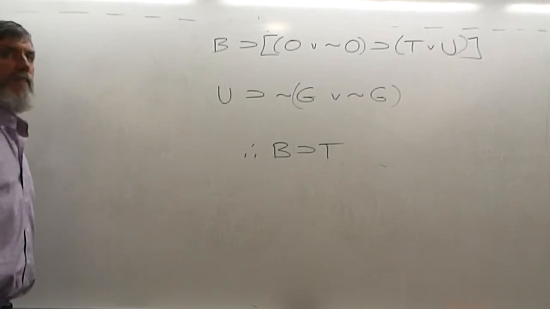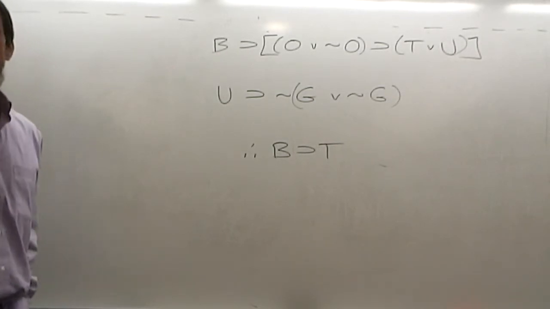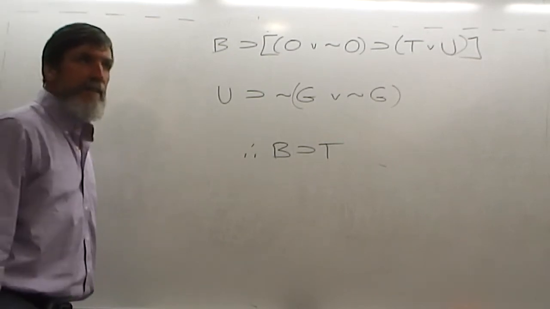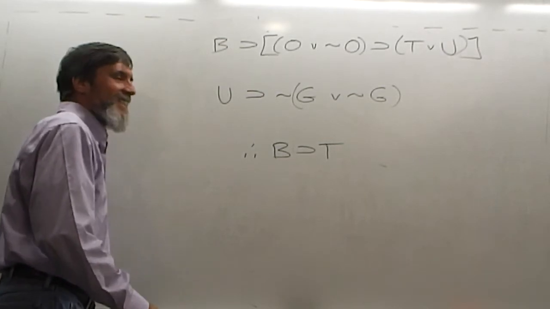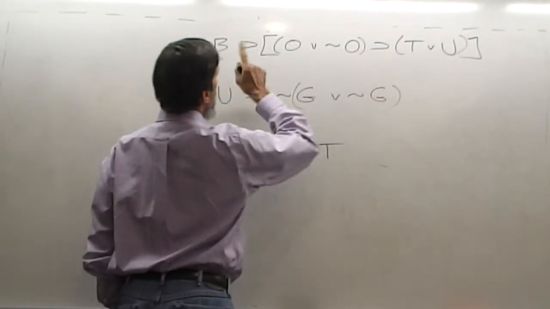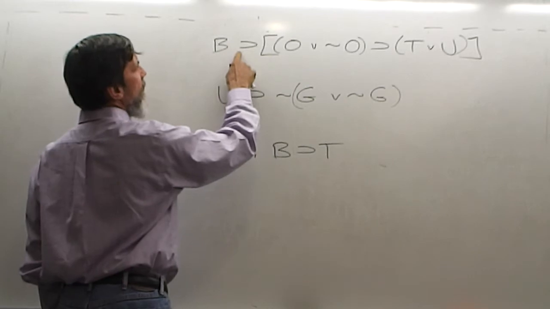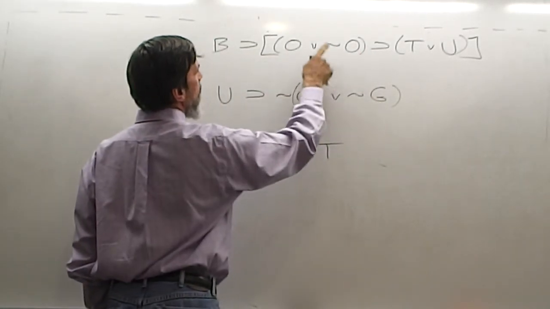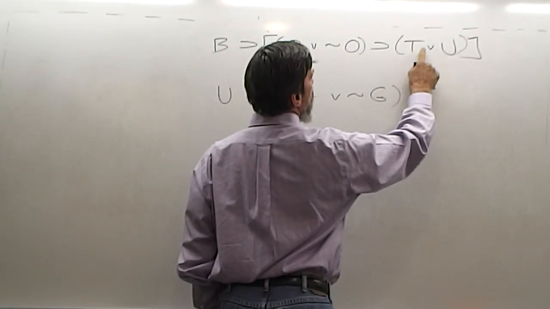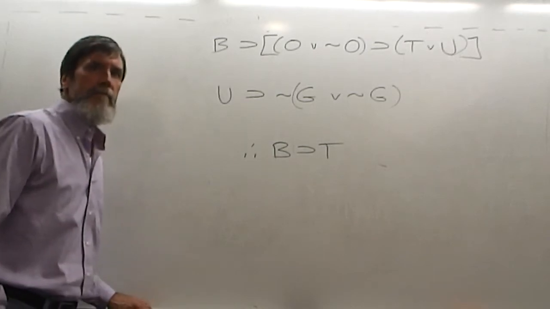Want me to continue? If B, then, if either O or not O, then either T or U. Boom. That's it.